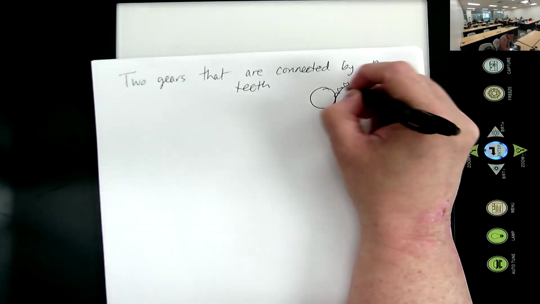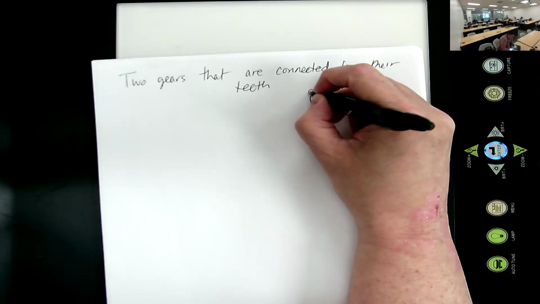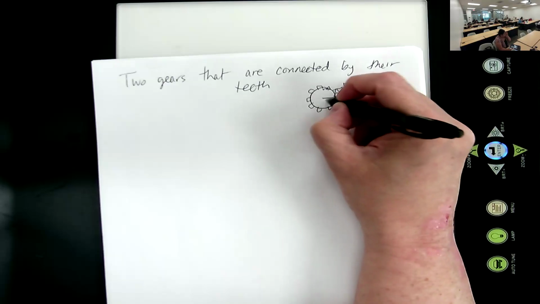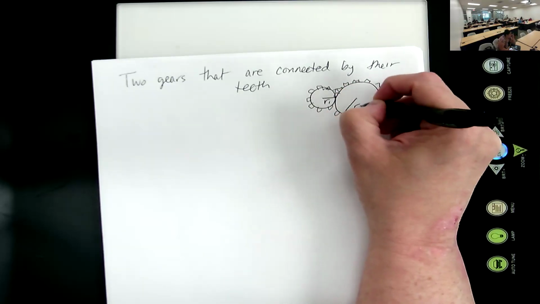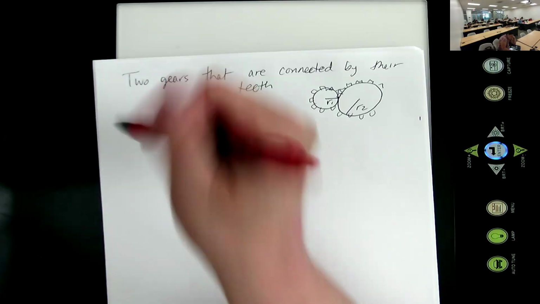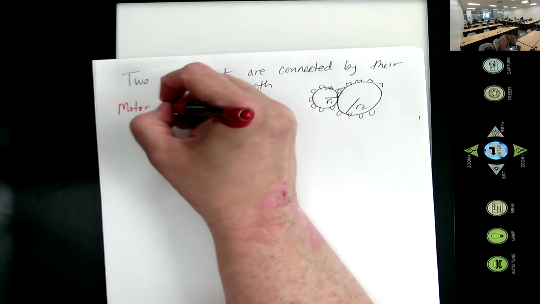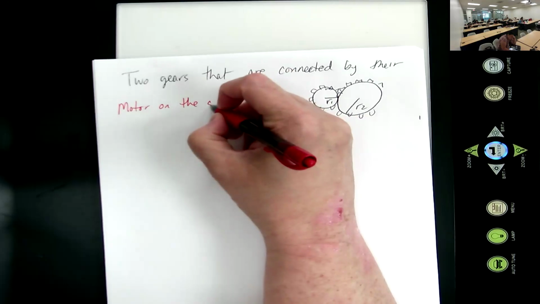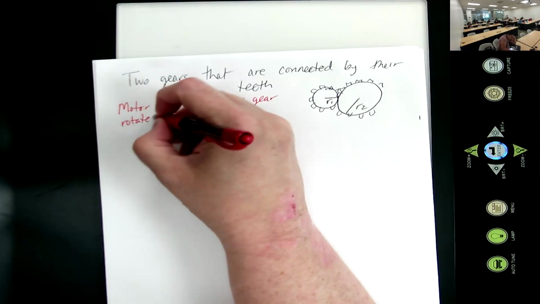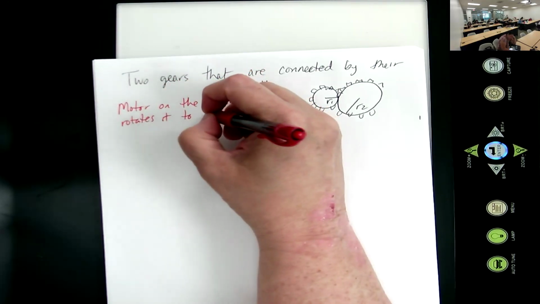These are the teeth. Let's call that R1 and this R2, little gear and big gear. There's a motor on the smaller gear that rotates it to make the bigger one rotate.